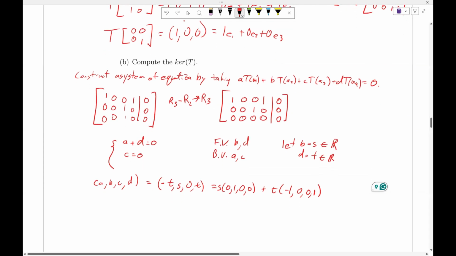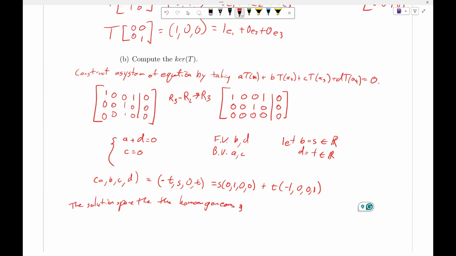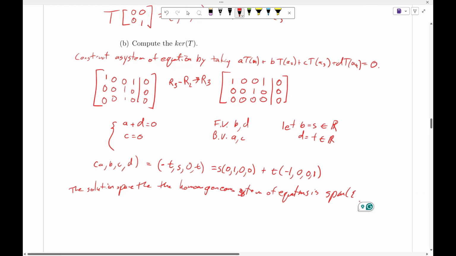So the solution space to the homogeneous system of equations is the span of the vectors minus 1, 0, 0, 1, and 0, 1, 0, 0.